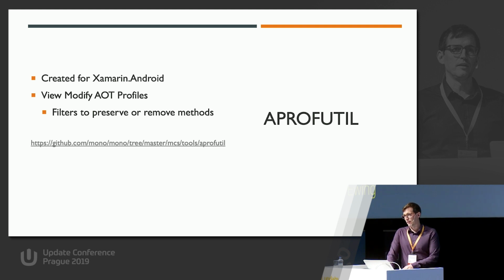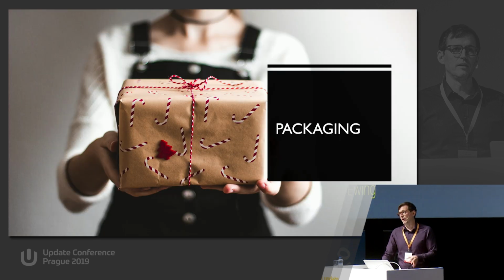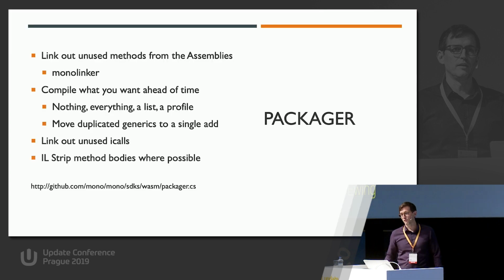Now, all of that is a lot of tooling. So right now in the Mono runtime, we have a tool for WebAssembly which allows you to handle all of these steps as one. It's a development tool that has these modes. Basically it runs the linker, the IL linker or Mono linker, against the assemblies to strip out as much as it can there.